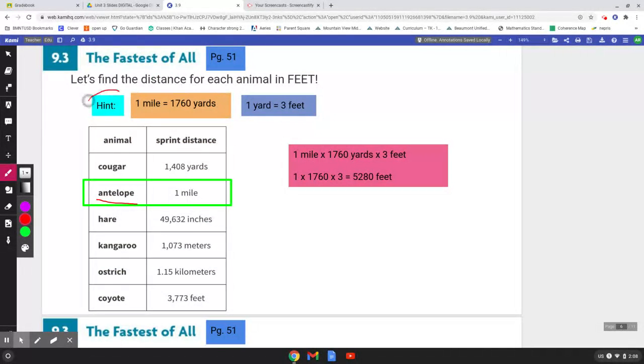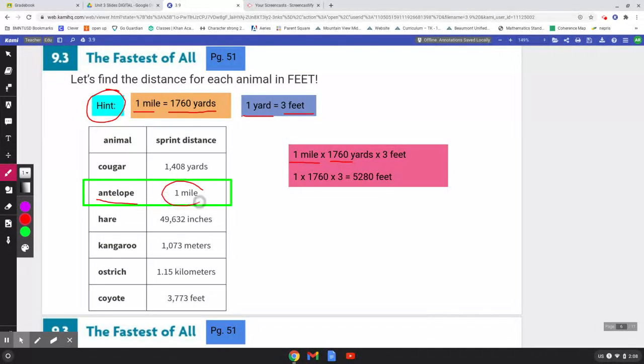And here's your hint. It says 1 mile is 1,760 yards. And then your measurement or your conversion before was yards to feet. So we're going to do 2 steps here. We're going to be doing miles to yards, and then we're going to be going from yards to feet. What you can do is you can multiply 1 mile by the 1760.